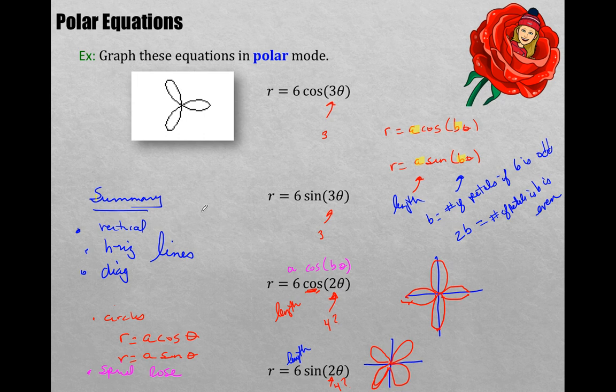I want you to be able to convert between polar and rectangular with all of these. I want you to be able to convert between polar and rectangular with circles, not with spirals or roses. I do not need those.